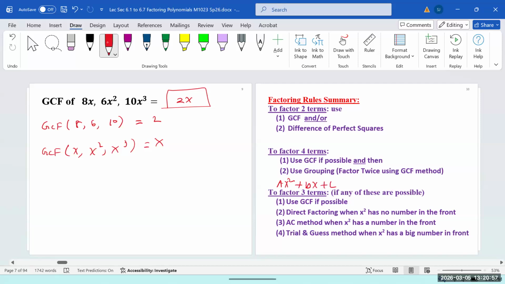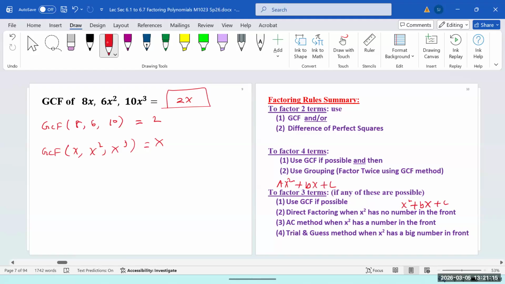These are our main goal to factor. Now, if you don't have any a, you have only x squared plus bx plus c, then our life is easy. We are going to factor directly, so it's called direct factoring method.